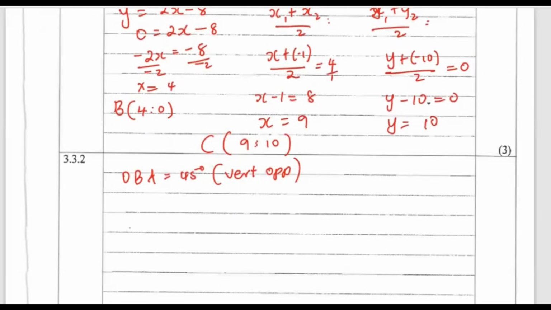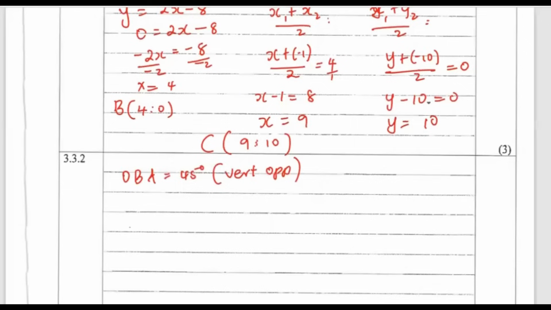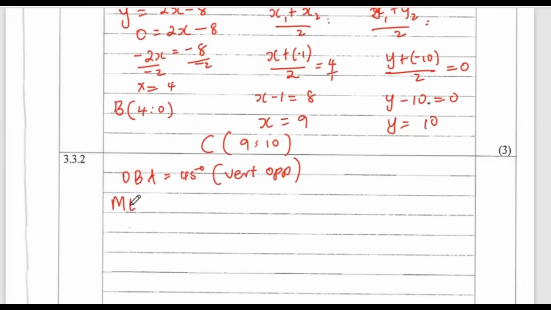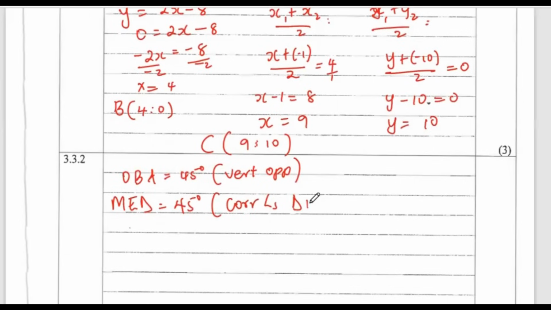And then remember we've created M, so it's going to be MED. MED is also going to be 45 degrees because those are corresponding angles, for which lines? DE and AC. DE is parallel to AC.